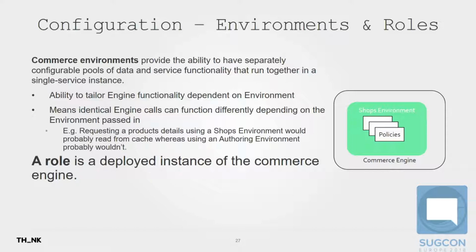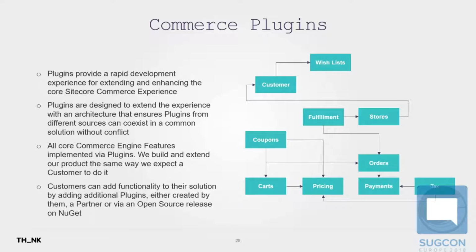Yeah. So basically, when you install it, you get the same policies, but you can customize it so that it does not behave the same. Yeah, so you can make it a bit smaller. So a role is a deployed instance of the commerce engine. Make sense? Yes? Okay.